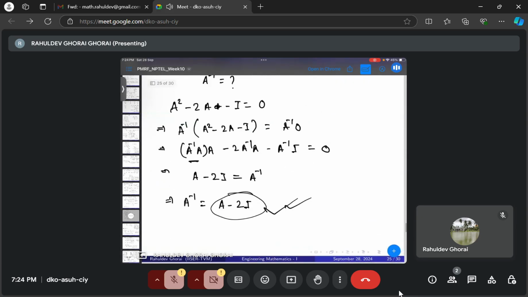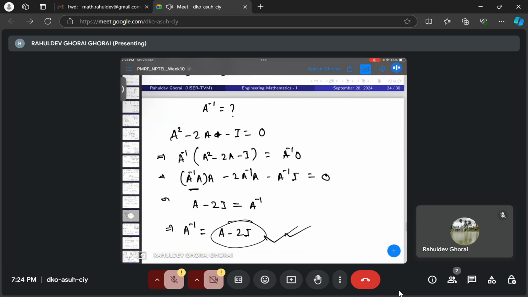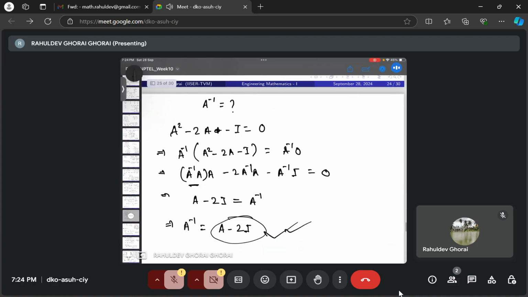So we'll do a few more questions here. If I don't have place to write, maybe here I will start. So the question is: A is equal to 2, minus 1, 3, 0, 7, 4, 0, 0, minus 5 is a matrix.